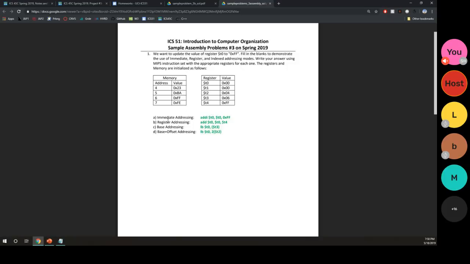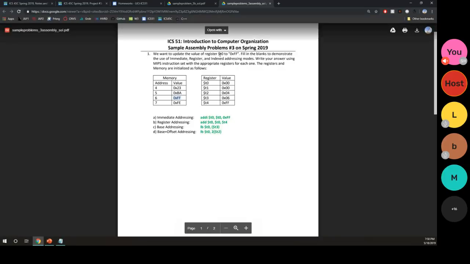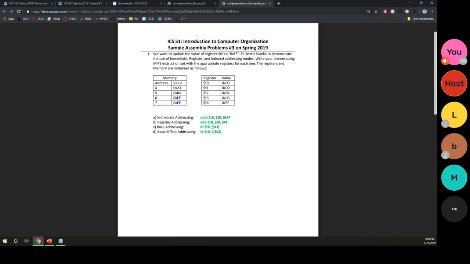You do have to use the parentheses because this is addressing. This is base addressing. And so we're grabbing the value from the memory address, and we want FF. The best way to work this question is to look backwards, right? So we want T0 to equal 255. So we look in the memory and we say, okay, 255 comes from memory address 6, and then register T3 has a value of 6.